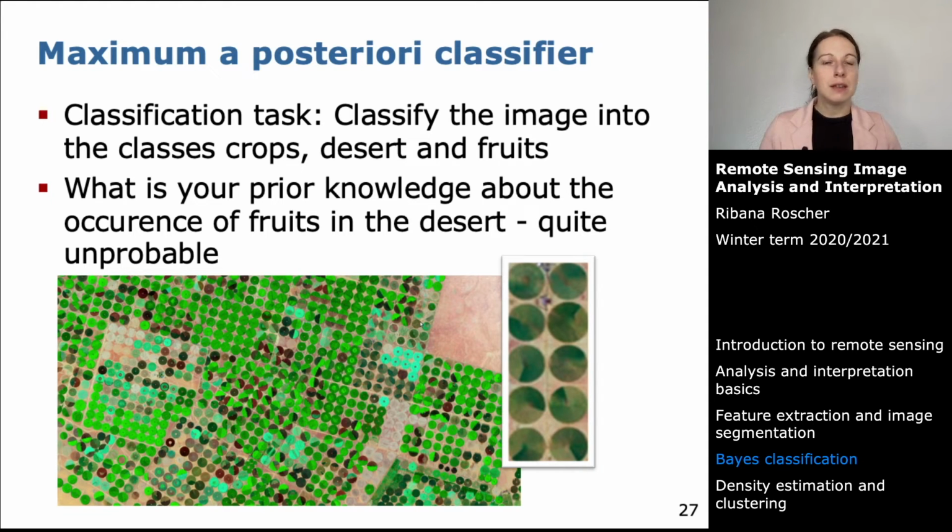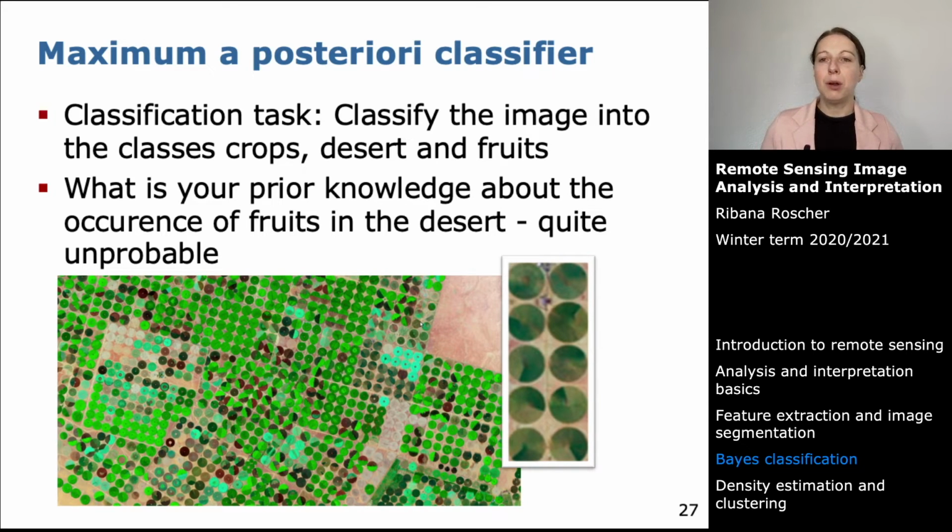And to illustrate this and to go through such an example, let's define a classification task. The classification task is to classify the image into three different classes, namely crops, desert, and fruits. And so now you need prior knowledge.